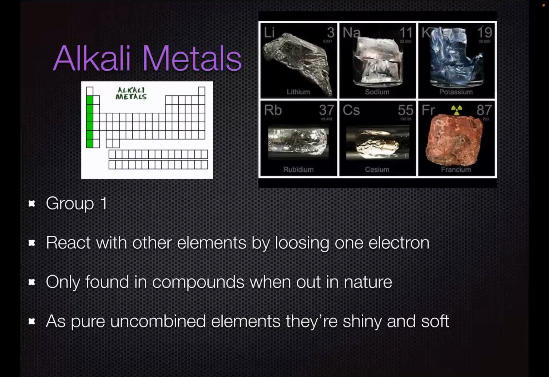And as pure uncombined elements, they're shiny and very soft. And so in a lab, they can create the pure uncombined elements, and so they've been able to figure out the properties of them like shiny and soft. But in nature, they're always found in a compound. And so up in the right-hand corner, you can see some examples of what those elements look like.